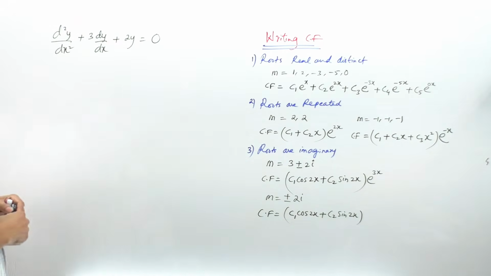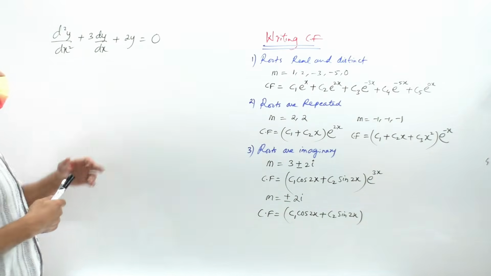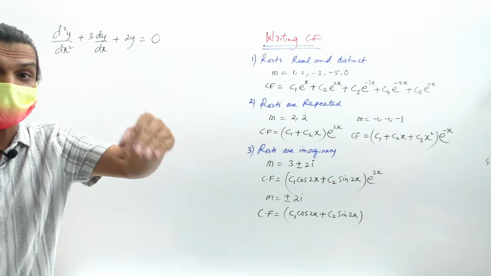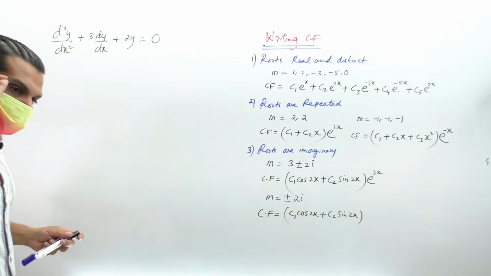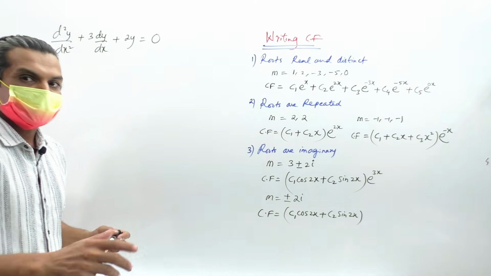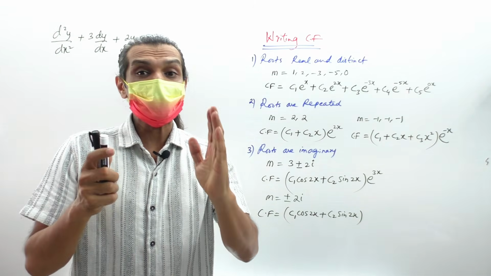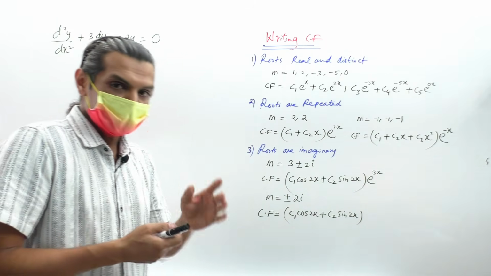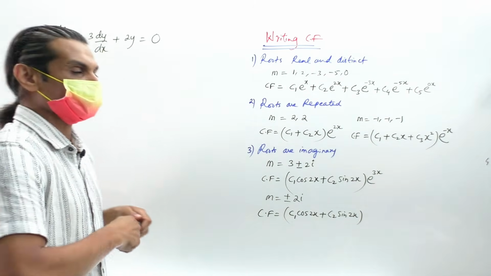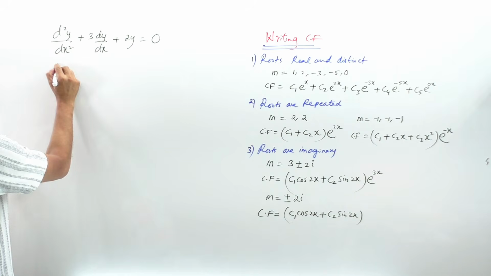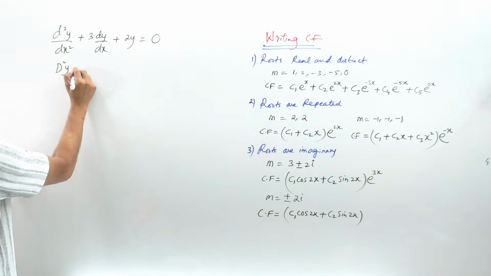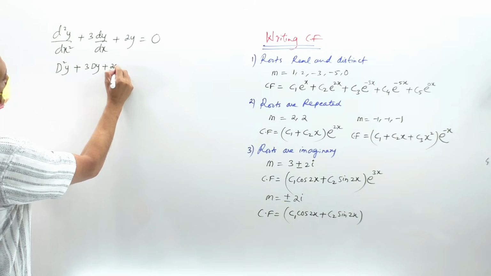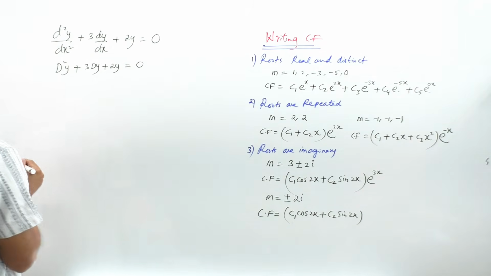Okay, the solution is only CF here. Now the first thing you need to do: this is higher order. Why? d square y and so on, higher than dy by dx, is called higher order. Understand? The basic logic is dy by dx is Dy, d square y by dx square is D square y. So for the first example I write the correct steps here. This will be D square y plus 3Dy plus 2y is equal to 0.